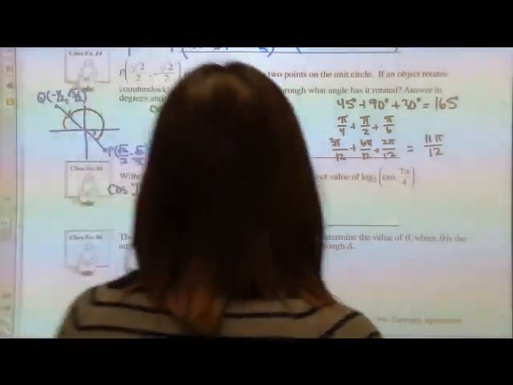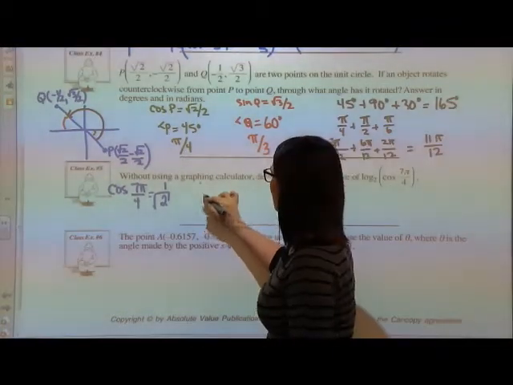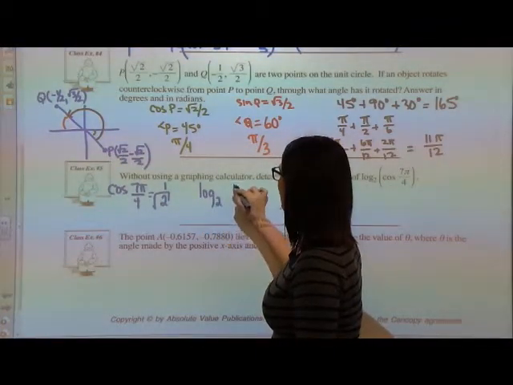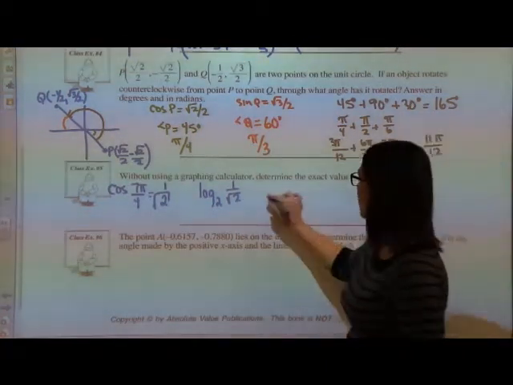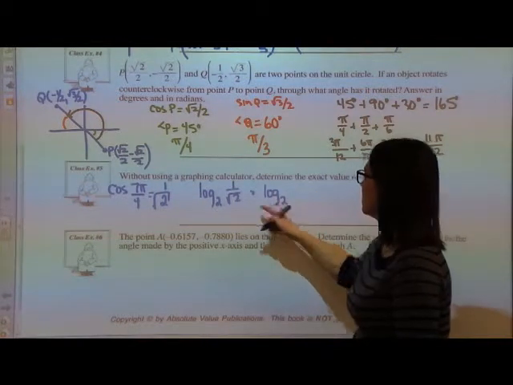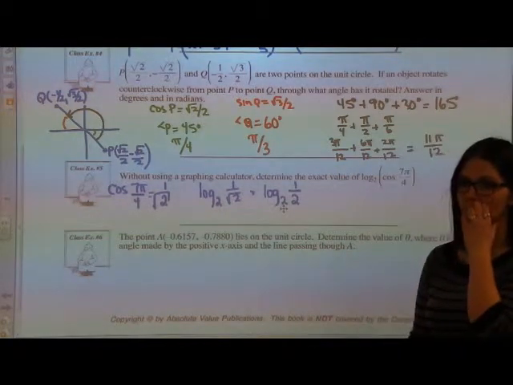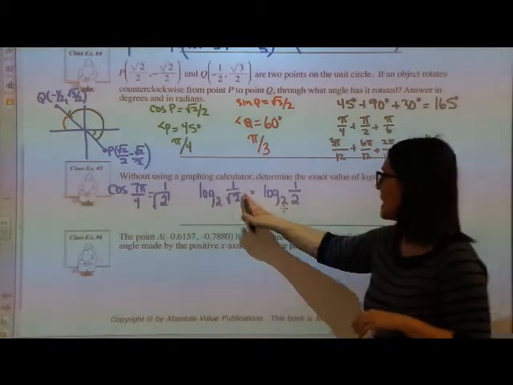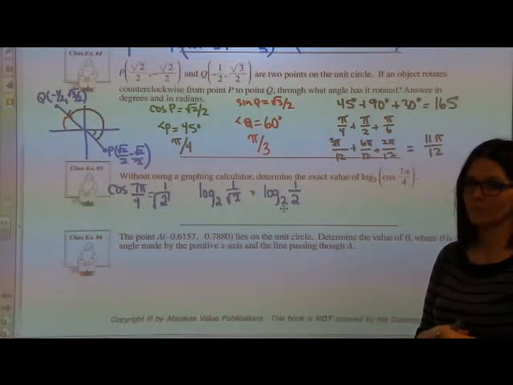So, if I don't worry about rationalizing the denominator, I get log base 2 of 1 over root 2. How do I write root 2 as a fractional exponent? How do I take the square root and write it as an exponent? 1/2.